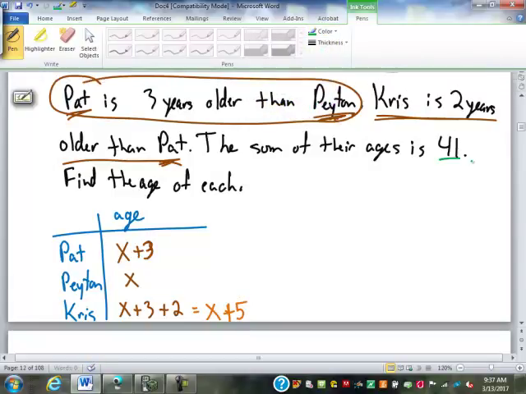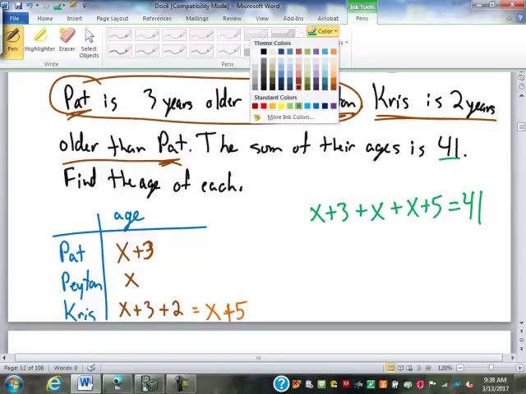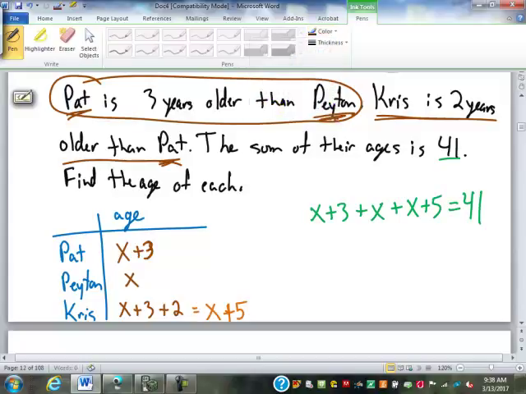So their sum is 41. So they're going to add up to 41. So we've got X plus 3 plus X plus 5. And we can combine here to get what on the left side here? Perfect.